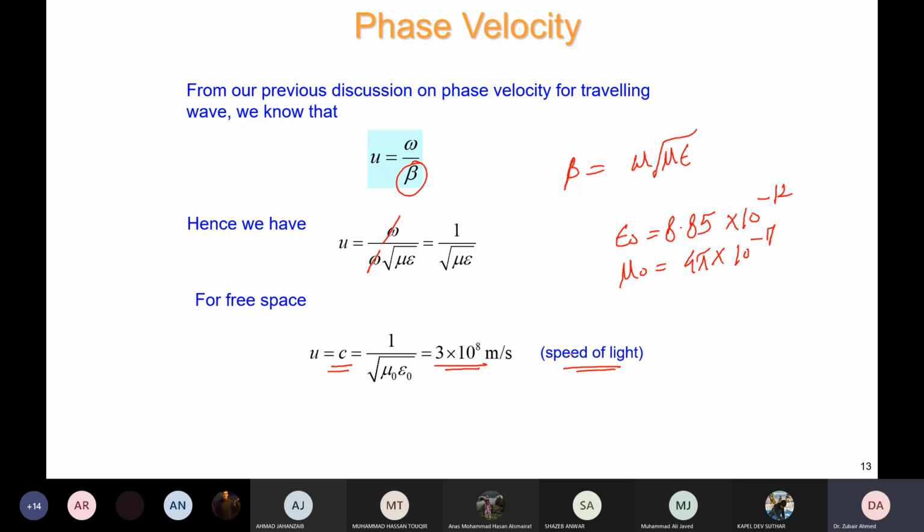This was the observation when Maxwell derived the wave equation back in 1865. He calculated the velocity of the EM wave, and when it came out equal to 3 times 10 to the power 8 meters per second, he declared that light and EM waves are one and the same phenomenon. Because they both have the same speed, they must be the same phenomenon.